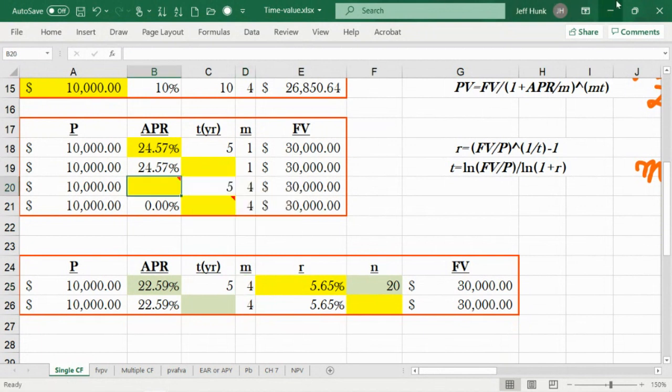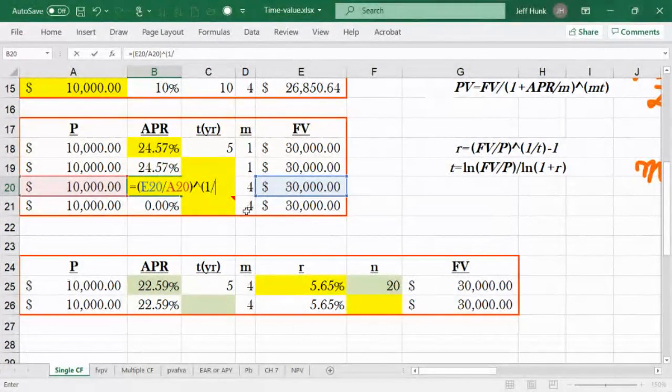But let's try this again here. If I do it there, first, I will, of course, FV over P. Then I'll raise it to 1 over N. Well, I know N this time is C20 times E20, close parenthesis.